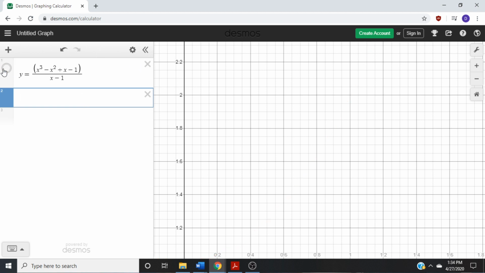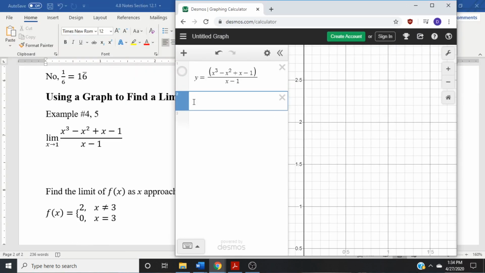Okay, so we're going to turn off that graph. And our other function is going to be piecewise. So let's see if I can do this.